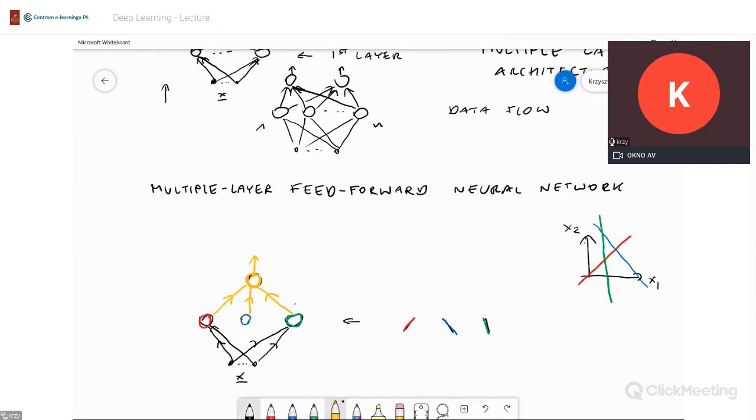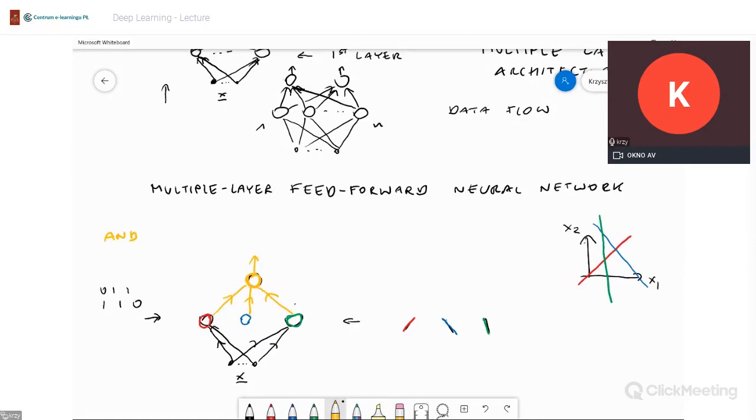Recall that what I am doing here is producing binary values. So 1, 1, 0, for example, or 0, 1, 1, or something like that. If a yellow neuron operates on binary inputs, what it can for sure do is perform a logical AND operation.